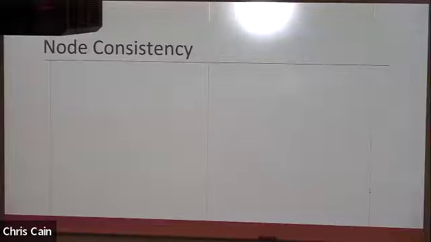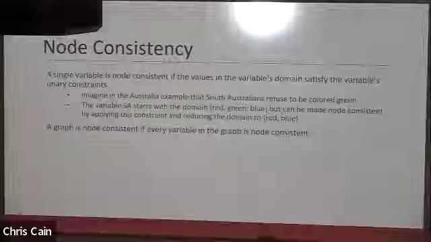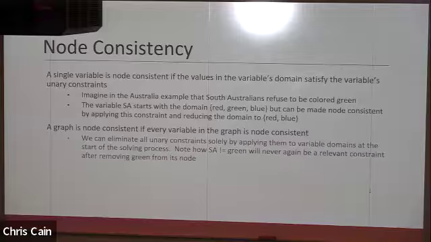How could we use this idea of node consistency to eliminate some of the variables' domains? Because when we make a decision, now suddenly it's not possible for that to be something else. As an example, we started with South Australia, starting with the domain of all 3 possible colors. And then we talked about node consistency, being able to, once a decision is made, eliminate the others.